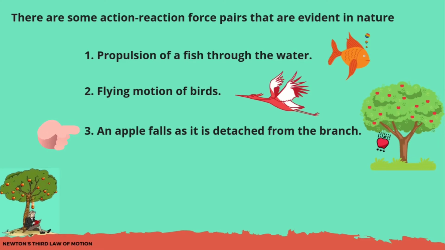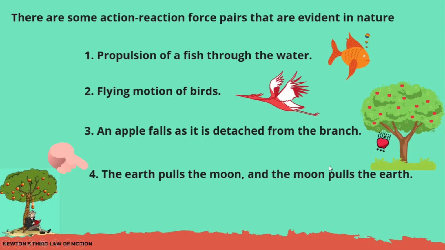So kung hinahatak ng earth yung bumabagsak na bunga ng mansanas or kahit anong bungang bumabagsak or kahit anong object na bumabagsak, in return, the object that is falling is pulling the earth upward. So in the case of an apple, the earth pulls the apple downward and the apple pulls the earth upward.